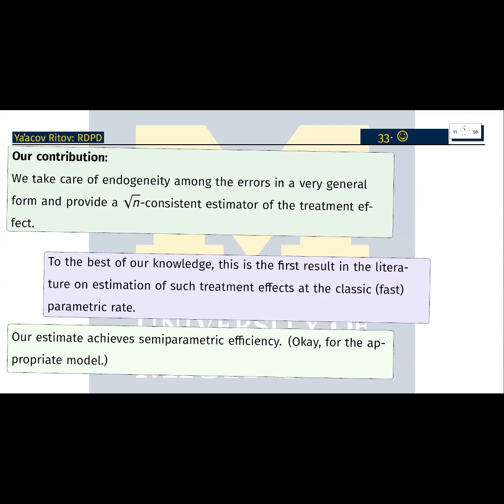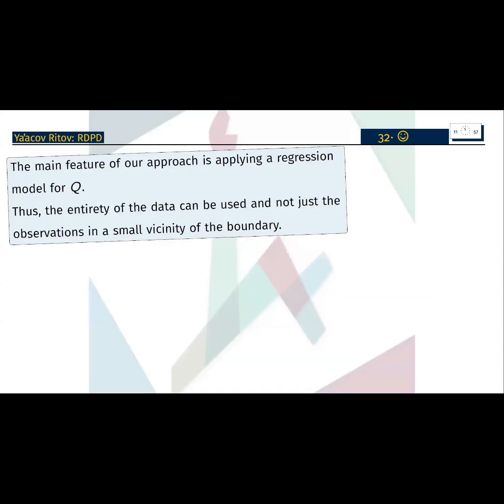Too many referees, unfortunately, try to argue that we are wrong in this statement, and therefore I feel safe, because they tried to argue that there are others, and they couldn't find any. And our estimate is basically semi-parametric efficient in the standard sense, and as I said, it is a sort of extension of the partial linear model, also a non-trivial extension.